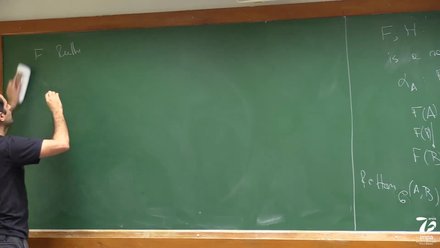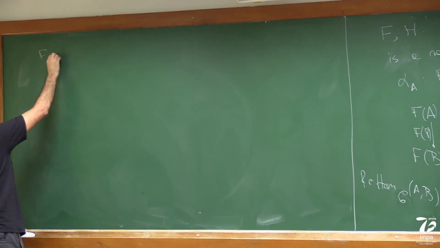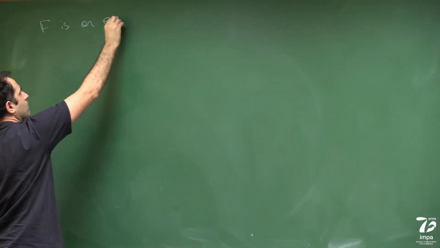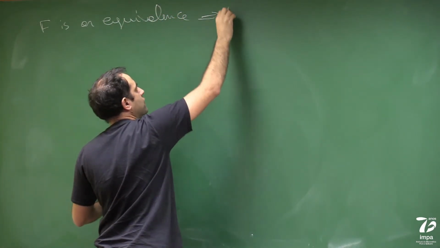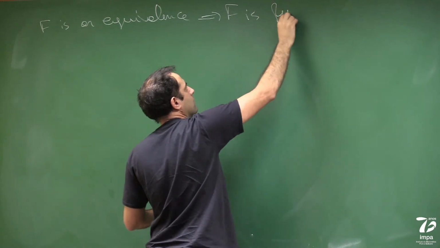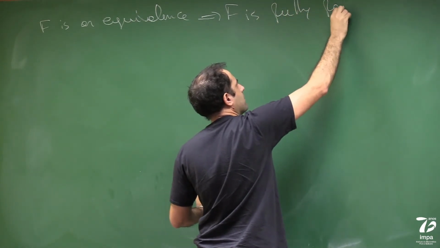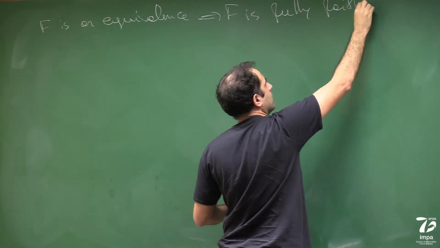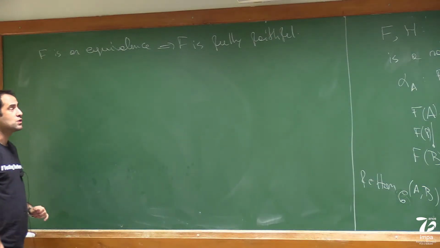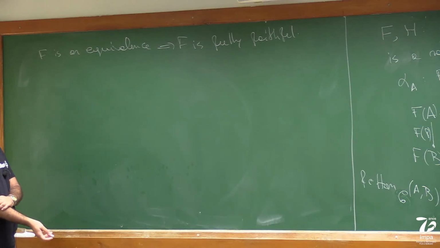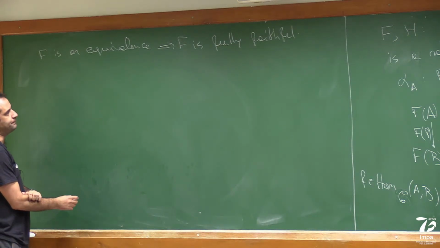We've already seen that if F is an equivalence, then F is fully faithful. How about the converse? The converse is not true, but it's almost true.